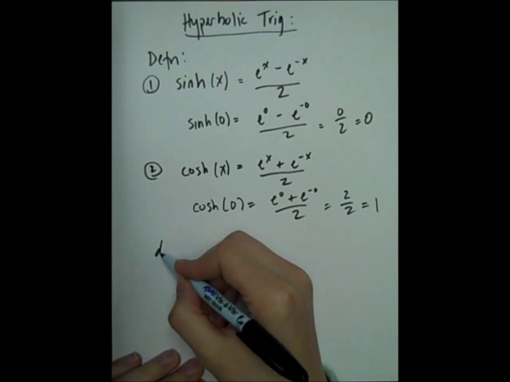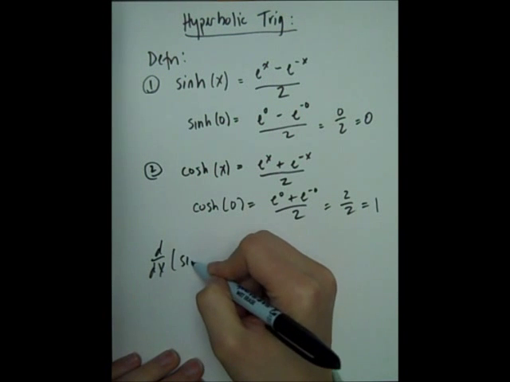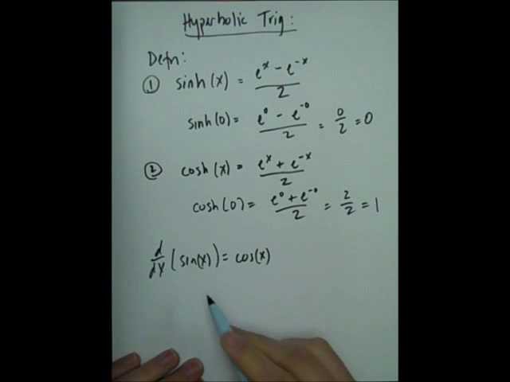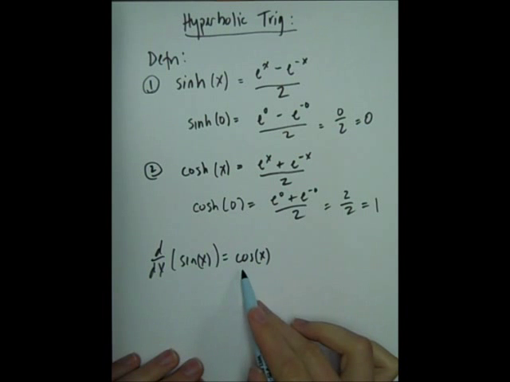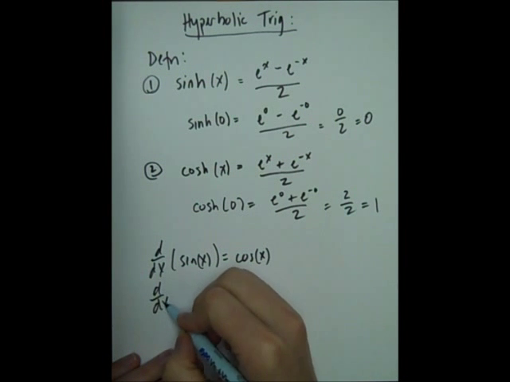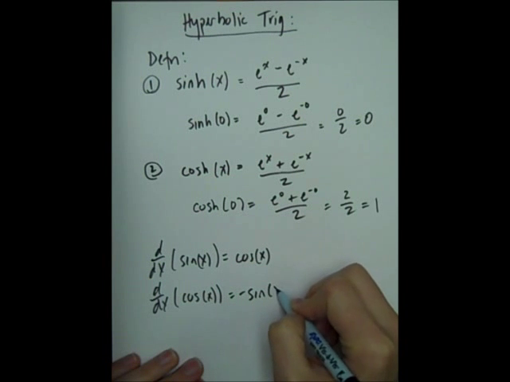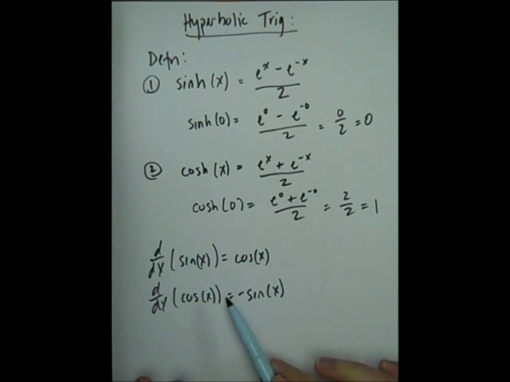So what I'm trying to say here is that whenever we were doing regular sine and cosine, the derivative of sine was cosine, but the derivative of cosine was negative sine. So this is from before. This is not new. I'm just talking about your regular sine and cosine functions.